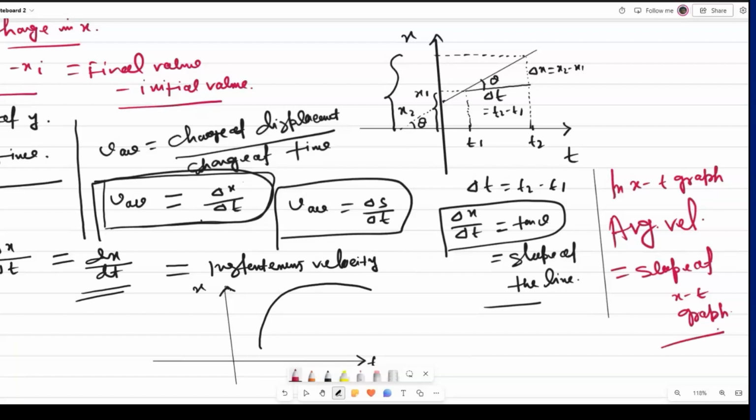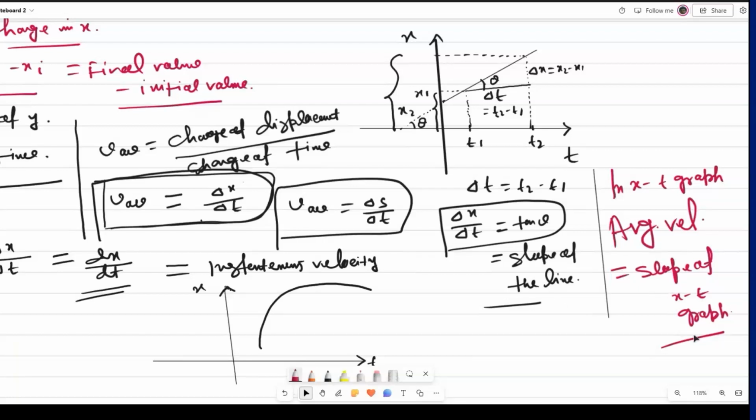Just try to remember this. We'll be doing it in detail again in maths class with the maths teacher also. Don't worry. So just remember, in an XT graph, average velocity is the slope of the graph.